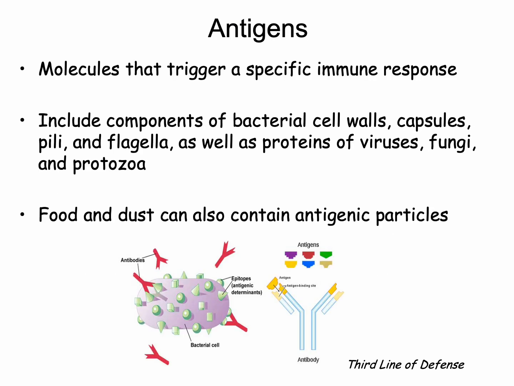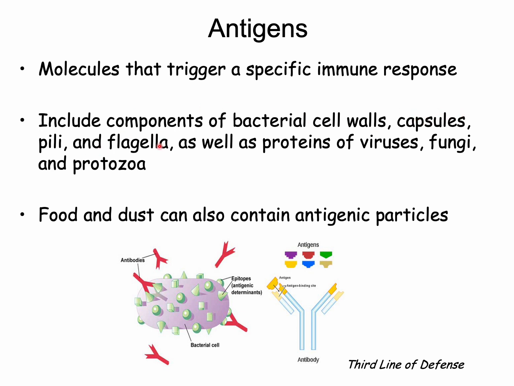And to be more specific, how is it identifying these pathogens or these foreign things in your body? By looking for antigens. Antigens are molecules that trigger a specific immune response. They're anything that your body sees as foreign. So an antigen could be a component of a bacterial cell wall, like peptidoglycan. It could be part of a bacterial capsule.